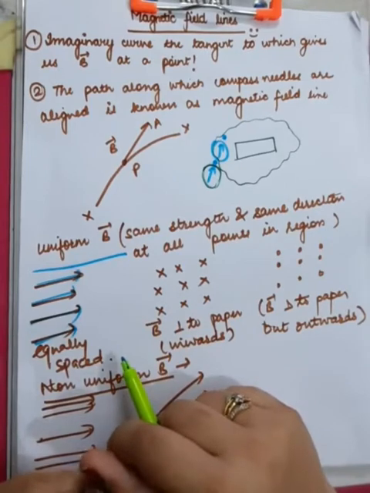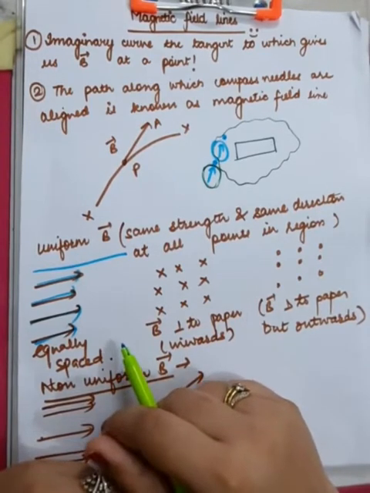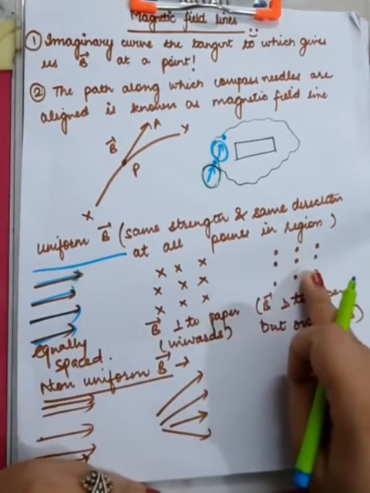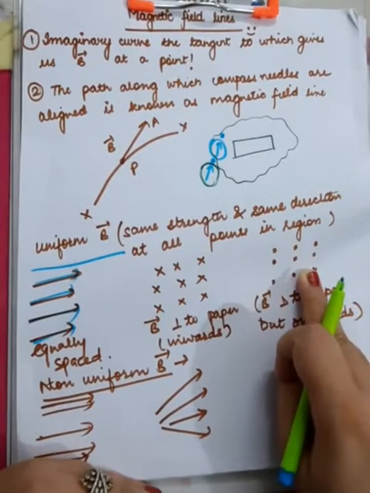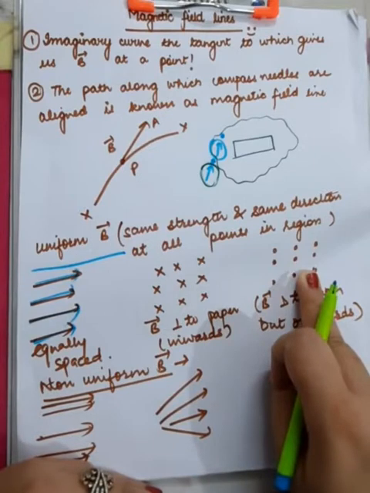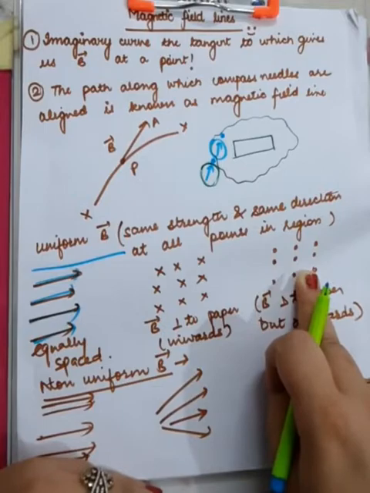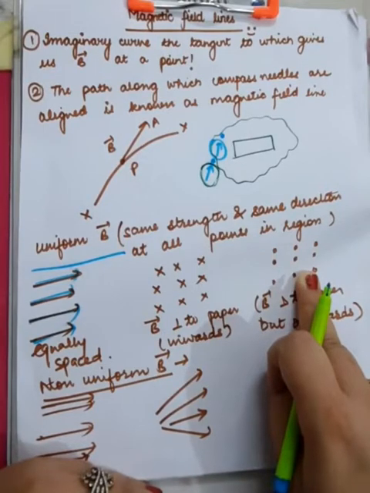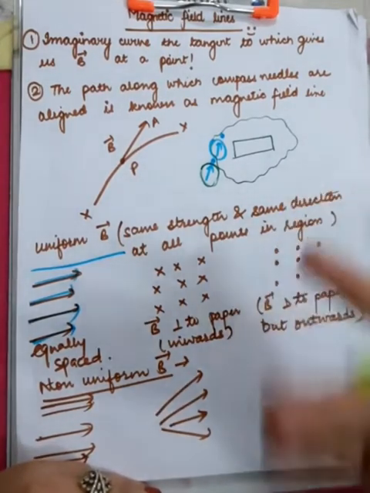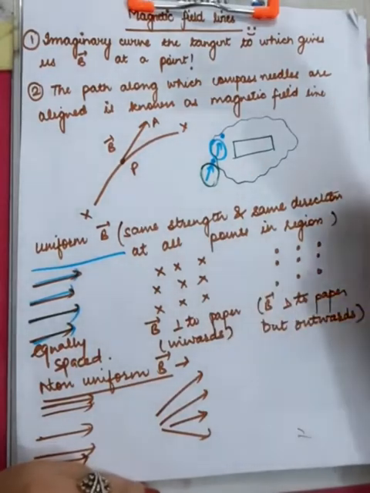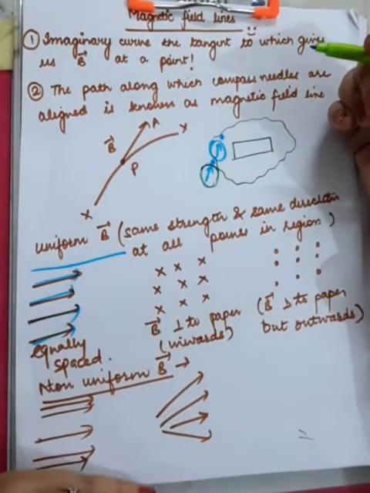So it's perpendicular, of course. Next is dots. If you represent magnetic field by dots, that would mean you have a magnetic field, this one is uniform, and this is directed outwards from the plane of paper. It's coming out of the plane of paper. Of course, it's perpendicular as well.